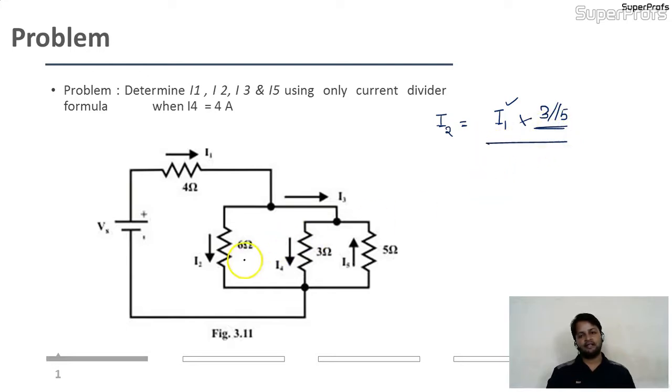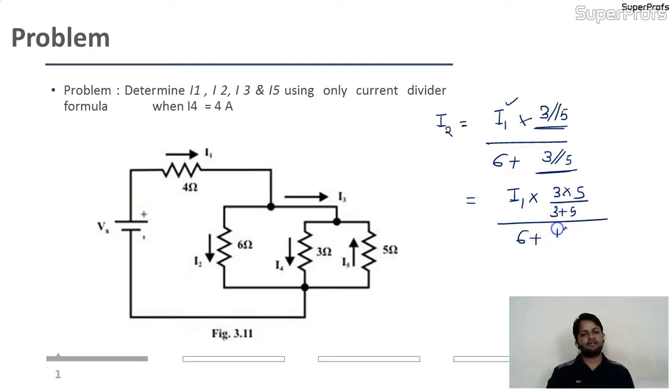Divided by 6 plus R equivalent, where 3 is connected in parallel to 5. So finally I1 into 3 into 5 divided by 3 plus 5, divided by 6 plus 15 by 8.